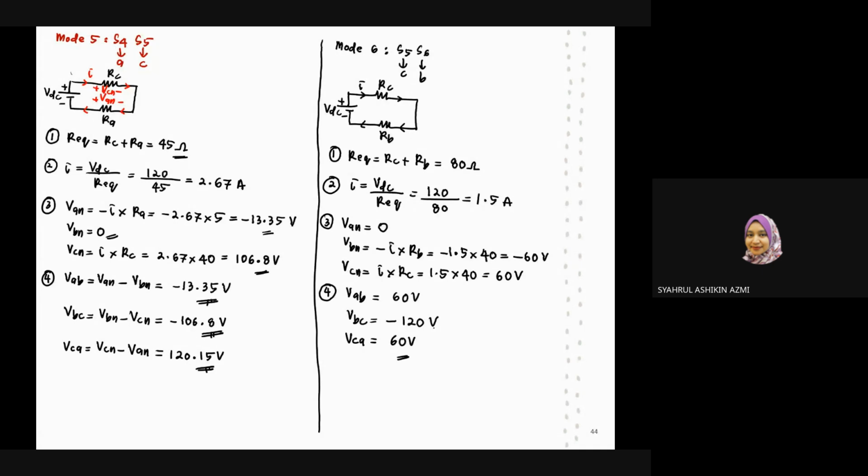So these are the values for your line to line voltage and your phase voltage. Done for all 6 modes, mode 1 until mode 6. Next, you need to sketch in the appendix the waveform of your line to line voltage. Only line to line voltage here.